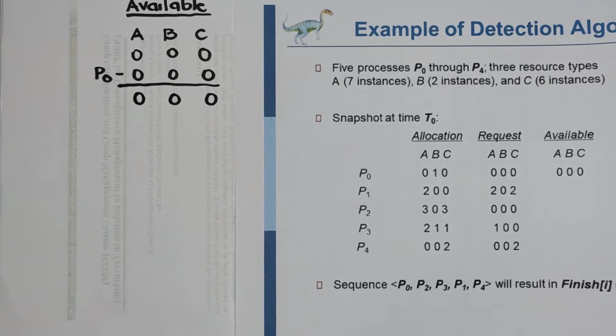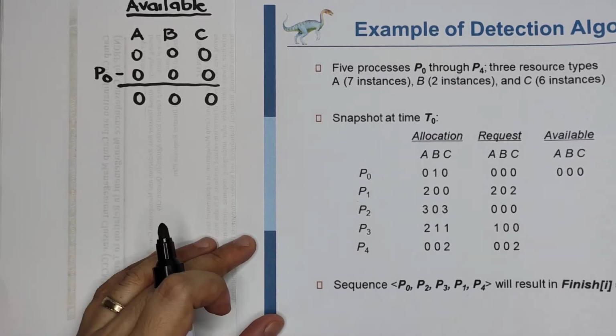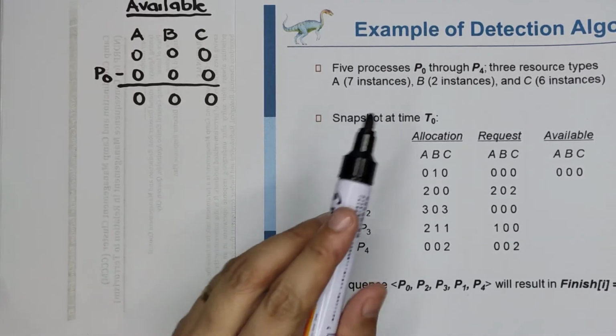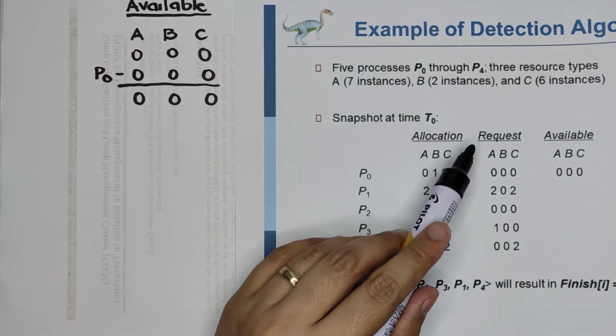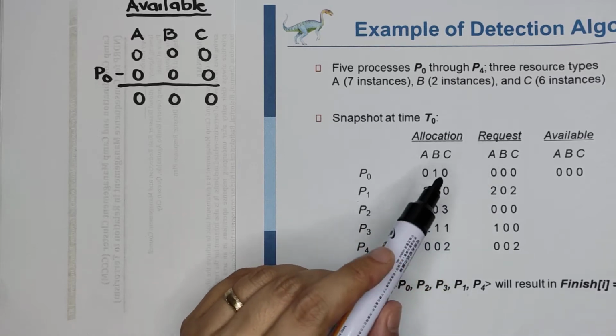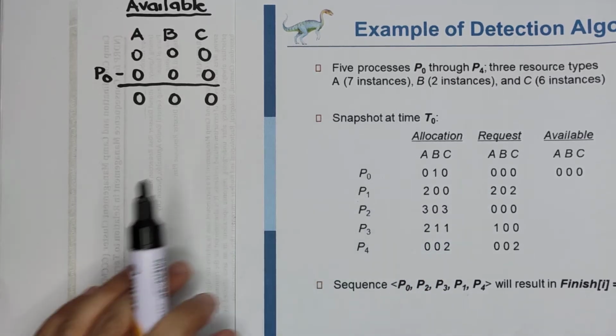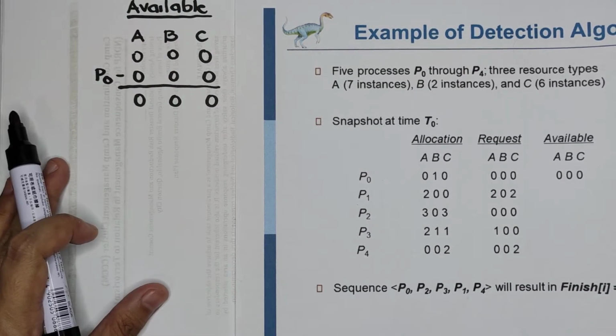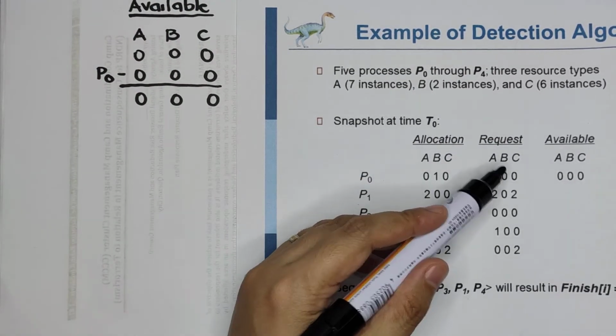Then after P sub 0 has finished execution, similar to the banker's algorithm, you have to return all the allocated resource values that P sub 0 has acquired. For this problem, how are we going to return it? You have to add allocation plus request. Don't just return the request or the allocation.